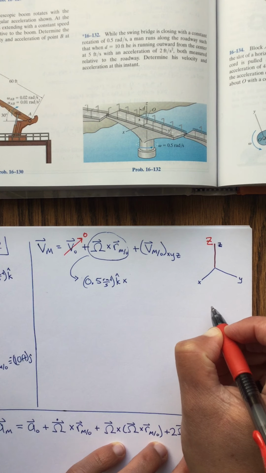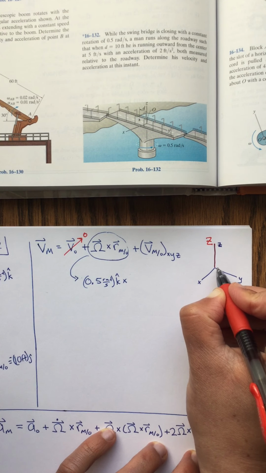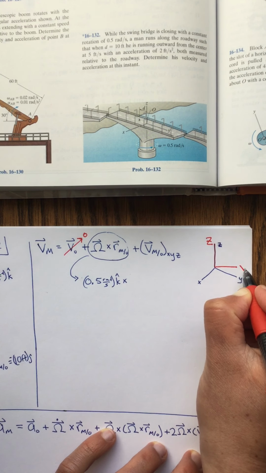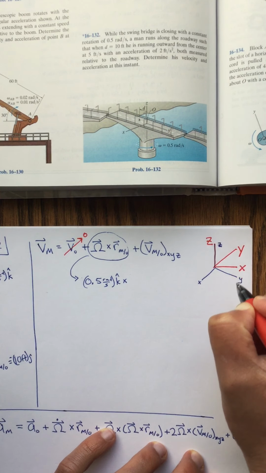And capital X and capital Y, I would say maybe something like this. Have X going this way and Y going this way.